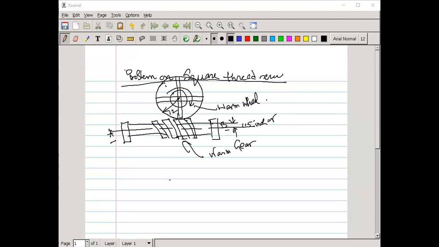and a lead. Remember in the screw, the thread is like that. So from here to here, that is called one lead, or you can say from here to here, both.